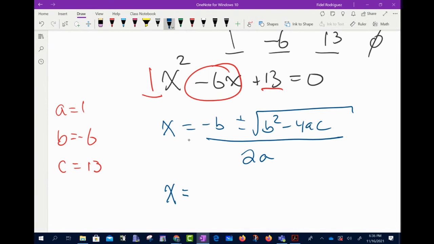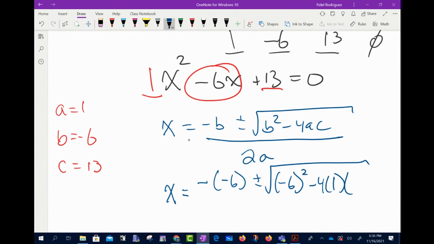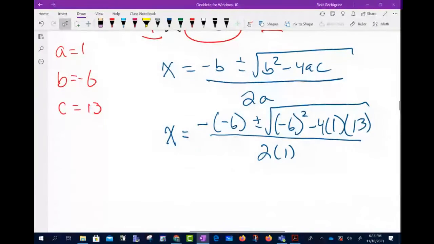So let's see. First step, y'all, I just do the plug. Negative b, okay. B is a number, negative 6, plus or minus the square root of negative 6 squared minus 4 times a, which is 1, times c, which is 13, all over 2 times 1. Okay.